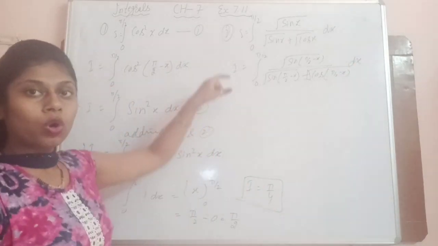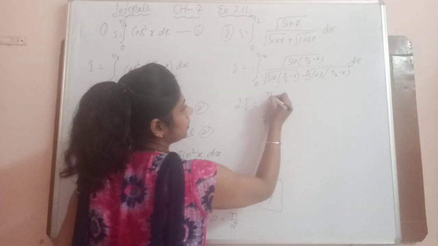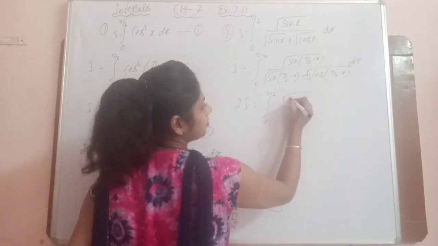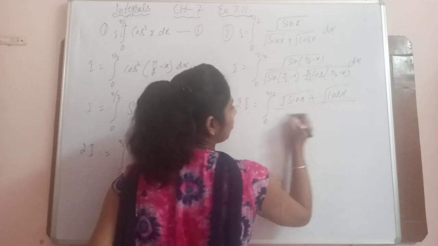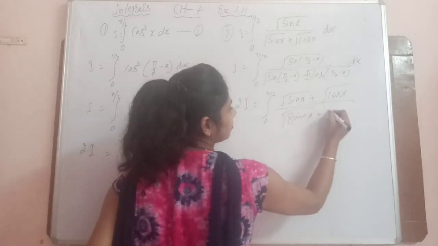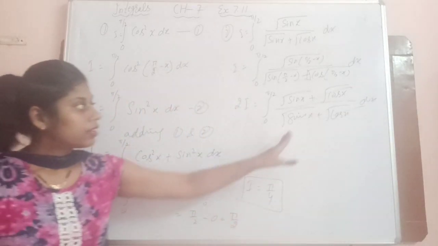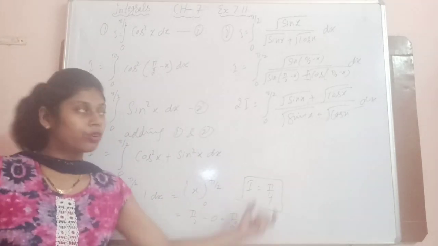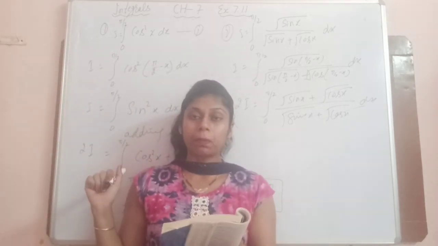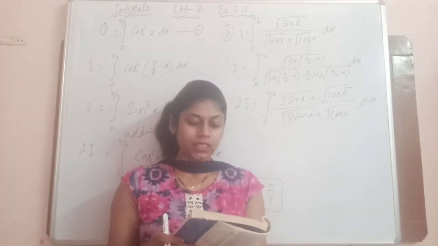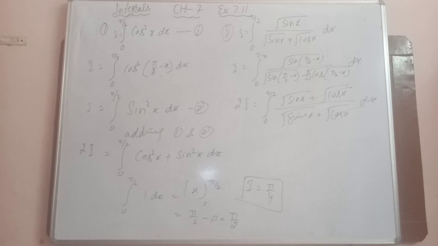Now if you add both first and second, what will you get? Firstly sin x will become cos x, the denominator is the same. So the complete integrand is 1. Integration of 1, and you follow the same procedure in the second question. Clear? The next, third question is again the same. You have to apply the same result. Fourth is the same.